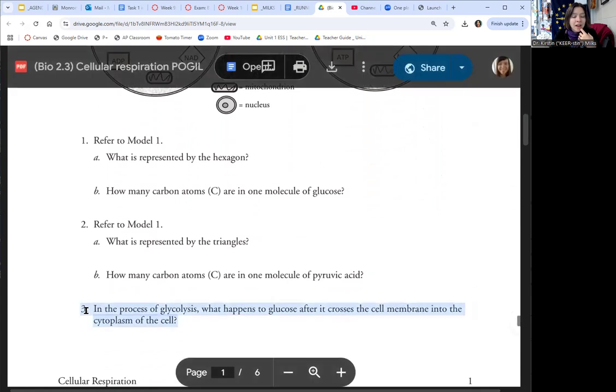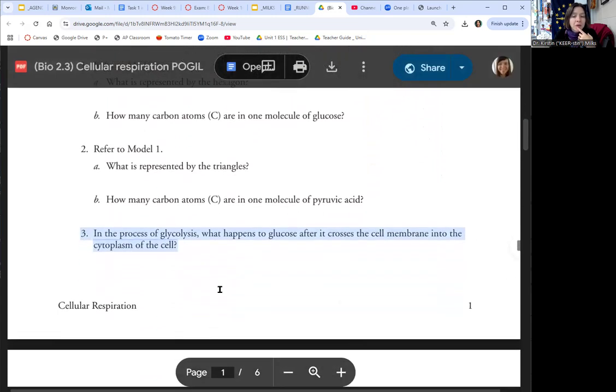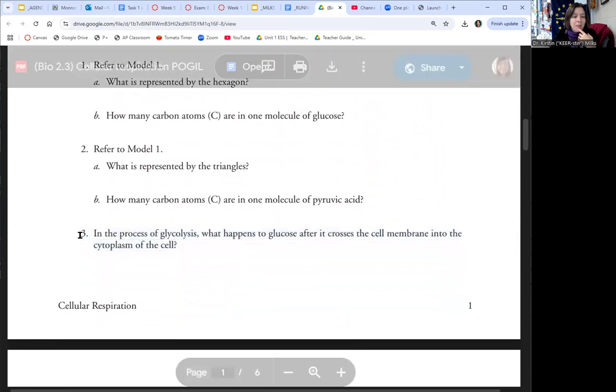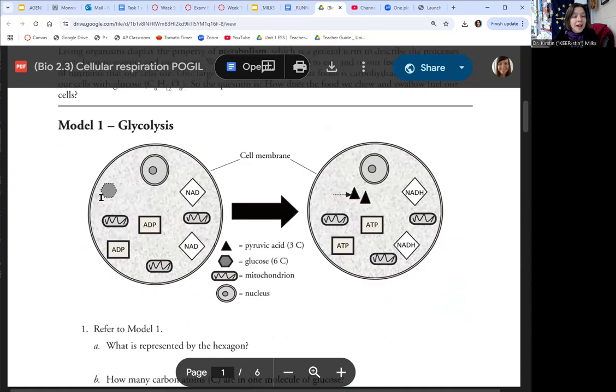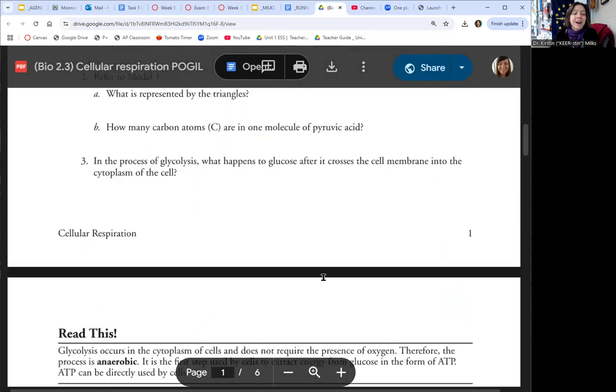In the process of glycolysis, what happens to glucose after it crosses the cell membrane into the cytoplasm of the cell? Well, hopefully you can see that this molecule has a dotted line around it. It's disappearing, right? And what appears next from one molecule of glucose are 2 of this molecule. So that's the story of glycolysis.